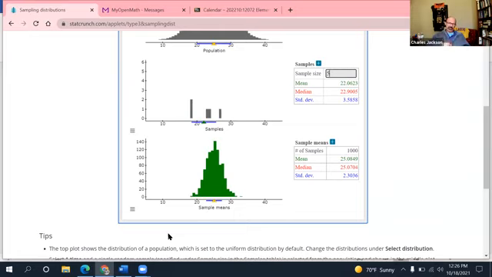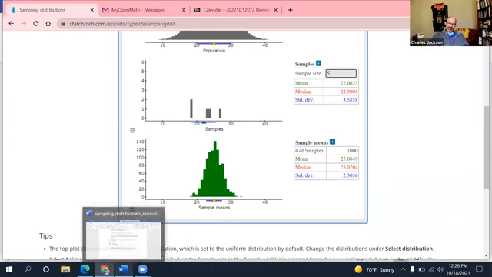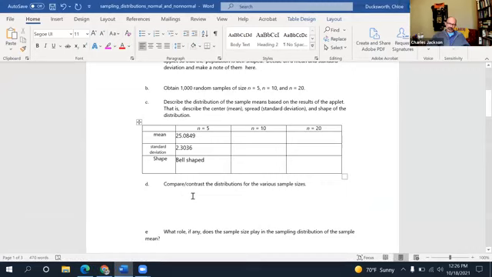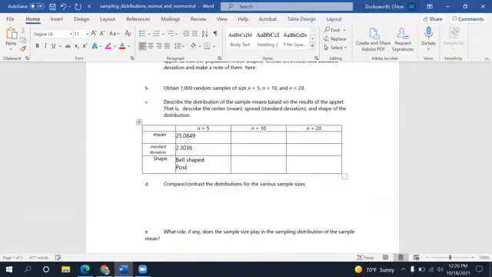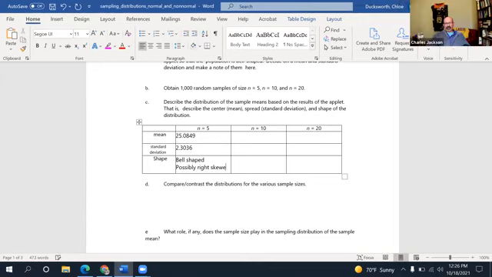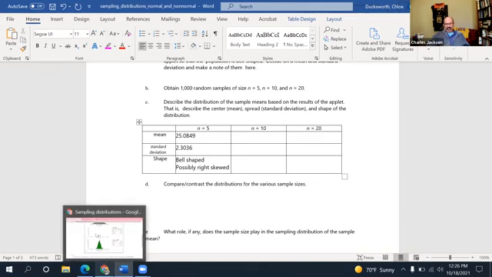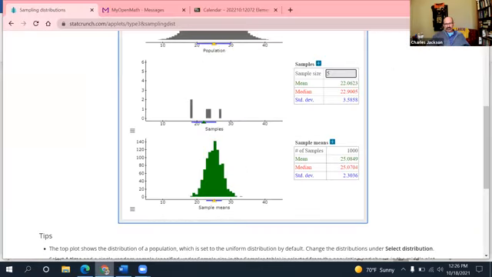Yeah, I was just throwing that out there. Possibly a little bit right skewed. Is that what you said? Yeah, sometimes I get left and right confused. Sorry. Well, like you said, the data are on the left, and then we say right skewed.